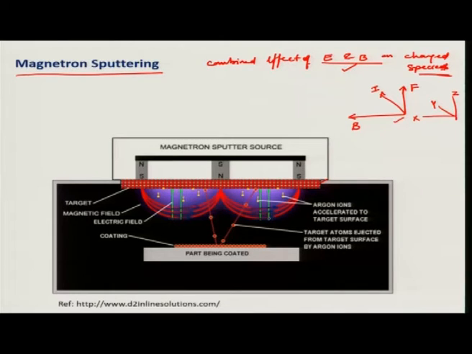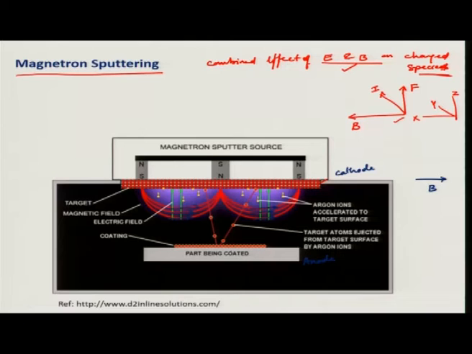This is the magnetic field direction in this picture. The electric field is in this direction, which means the electron current is going in the other direction. This is the cathode and this is the anode, so my electric field is in this direction.